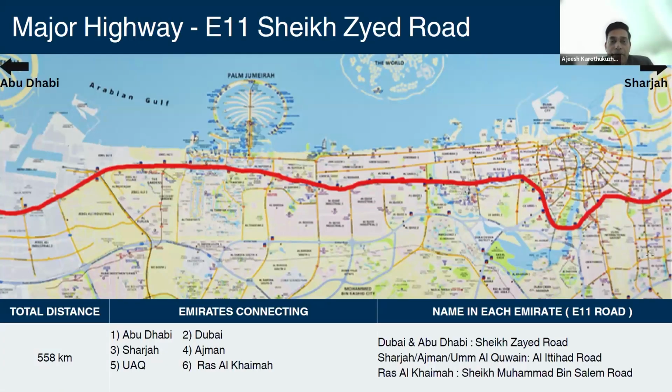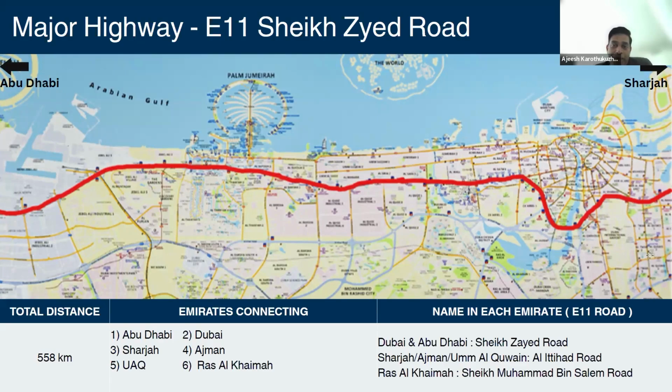Before I talk about Dubai, we need to understand the major highways first. There are different highways for the transport of people, logistics, and commercial activities. The major highway of the UAE is called Sheikh Zayed Road, and in number terms it is E11.